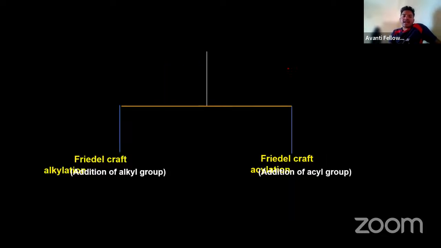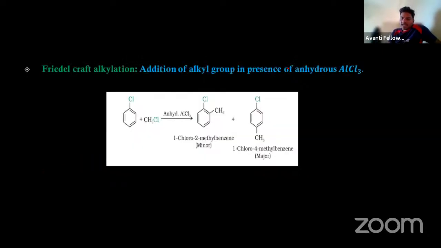Next one is Friedel-Crafts alkylation and Friedel-Crafts acylation. So what is alkylation? Alkylation is simply the addition of an alkyl group in the presence of anhydrous AlCl3. So first step, what is going to happen?